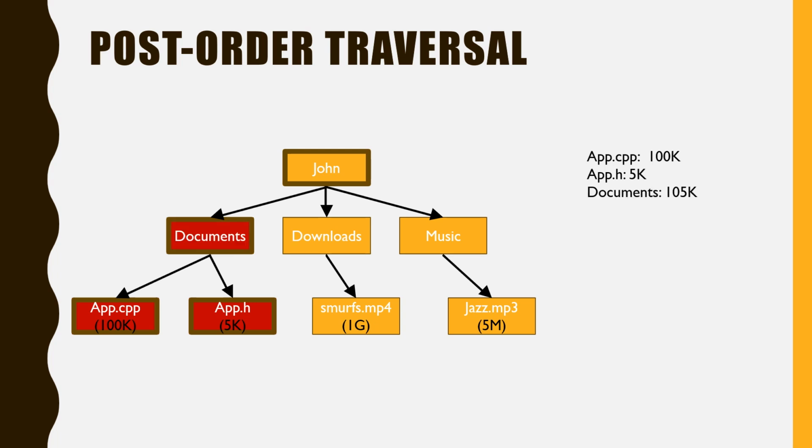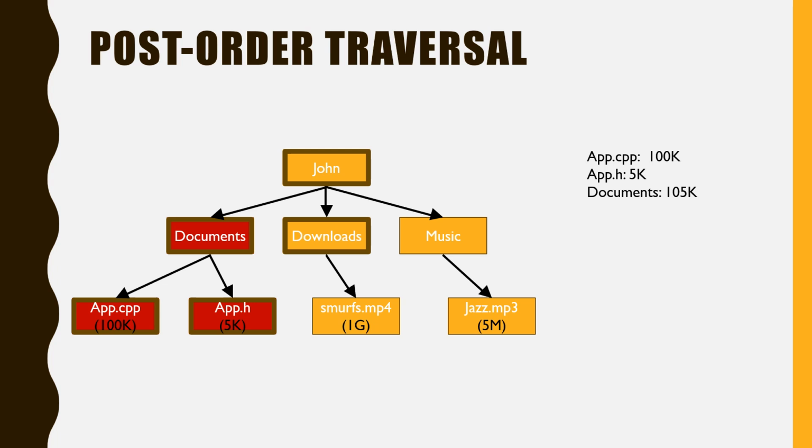Now that we have visited all the children of documents, we can visit the node itself. Since documents is a folder, we compute its disk space consumption by summing the sizes of all its children. In this case, the disk space occupied by documents is 105K. Then, we consider the next sibling of documents, which is downloads.